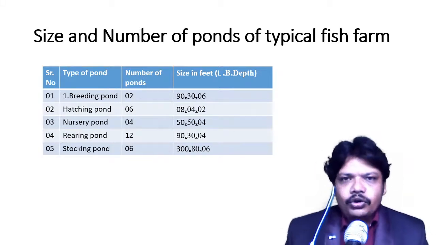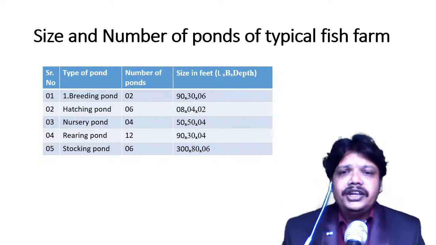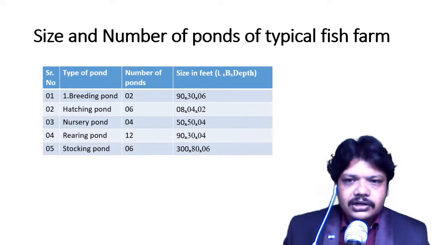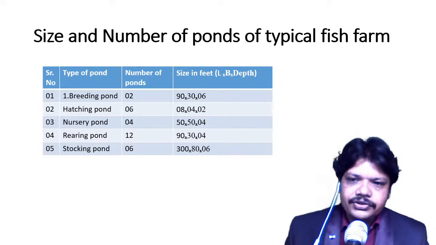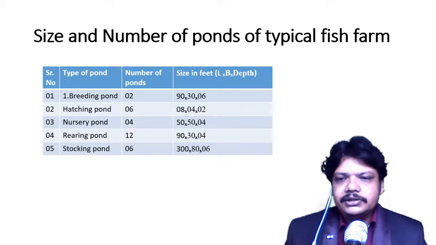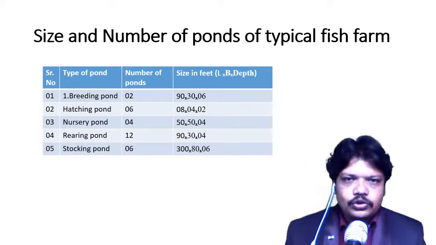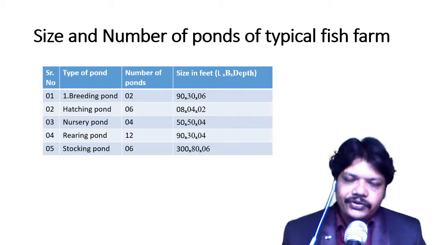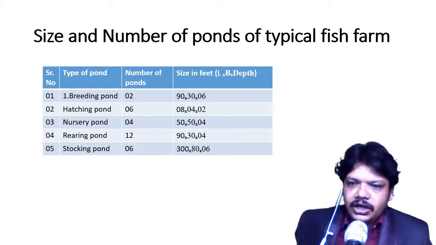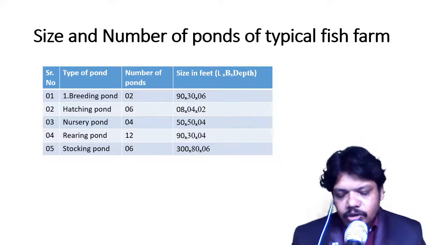In the nursery pond there are enemies: some amphibians, some reptiles, some birds, like kingfisher, amphibians like frogs, snakes among the reptiles, and crabs also, crustaceans, and some fishes. That's why these ponds are divided: nursery pond, rearing pond, hatching pond, breeding pond. Why?